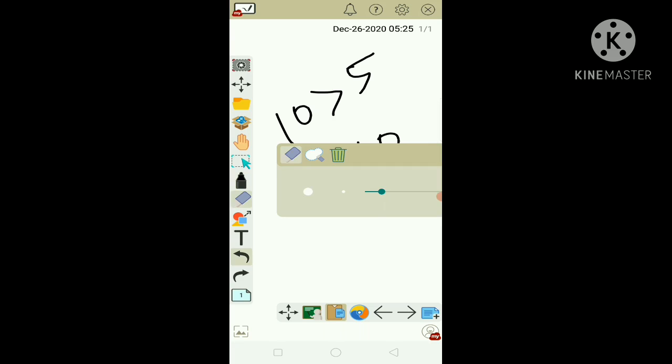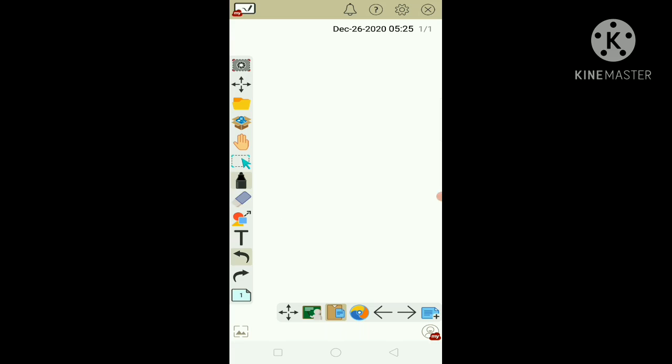Okay, so now we know how to compare whole numbers, real numbers, but how to compare fractions. In these fractions, you have three types of fractions you are going to compare. What types of fractions? Like fractions, unlike fractions.